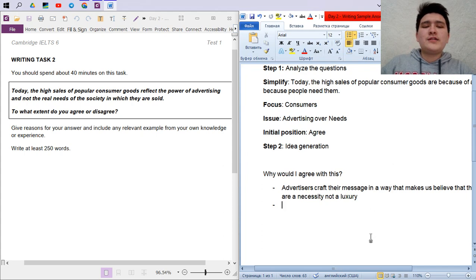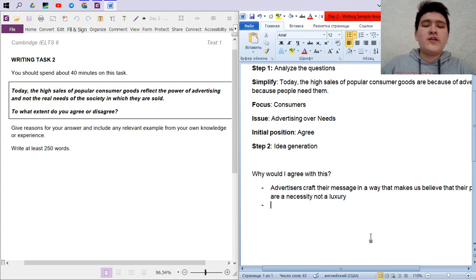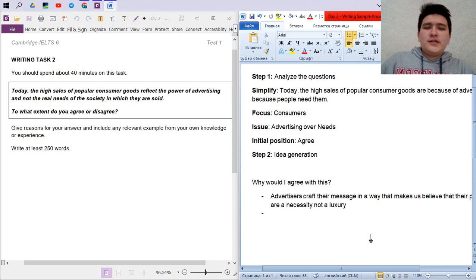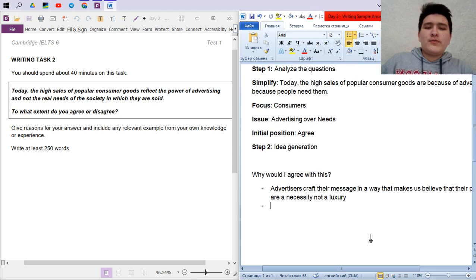Now, are there any other reasons that I would agree with this? Advertising over needs. Why would I agree that we're increasingly buying popular goods because of advertising? I think we could give an example like celebrity endorsement. Celebrity endorsement is also another reason.